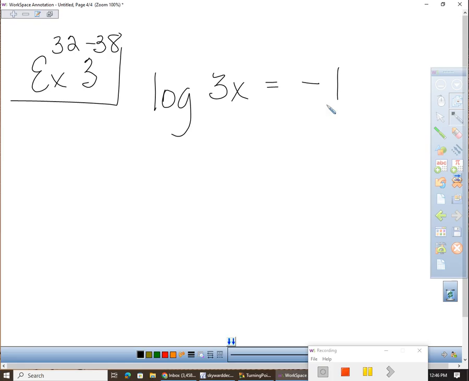We have to change it to exponential to solve it. What is the base of my log when nothing's written there? 10. All right, so I'm going to put my little 10 here. So now I'm going to change it into exponential. I have 10 to the exponents over here, -1 equals 3x. 10 to the -1 is 1/10, or 0.1 equals 3x.